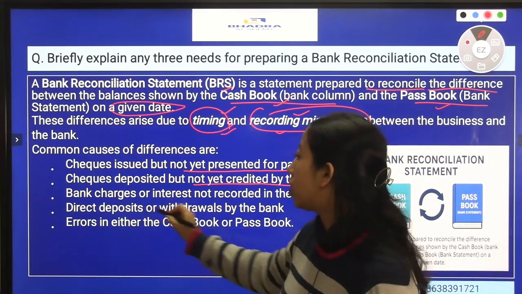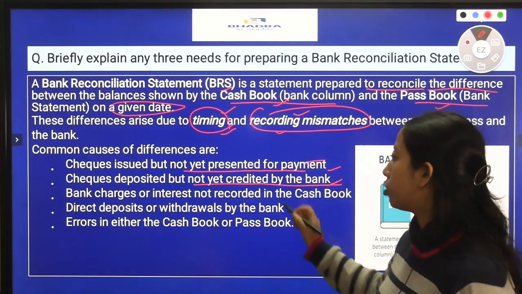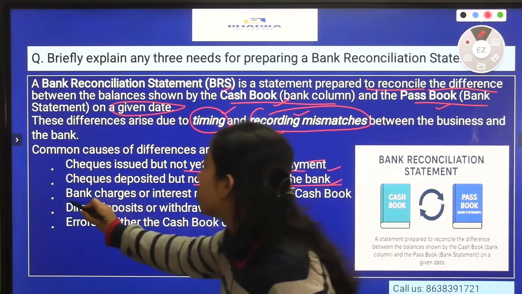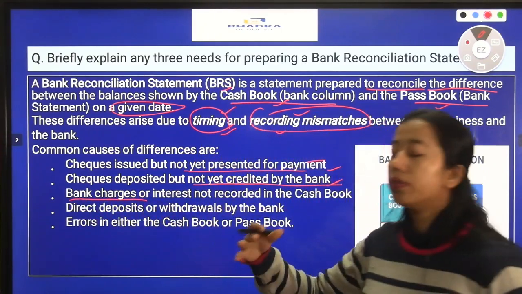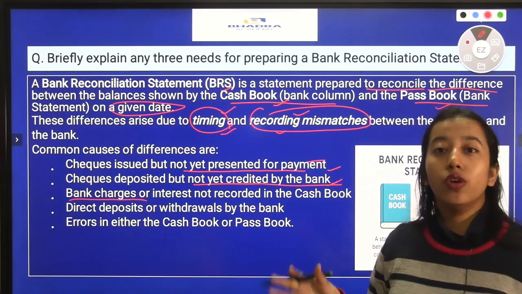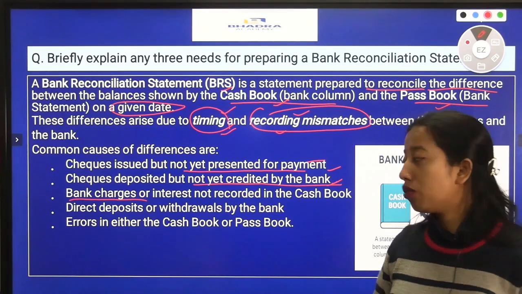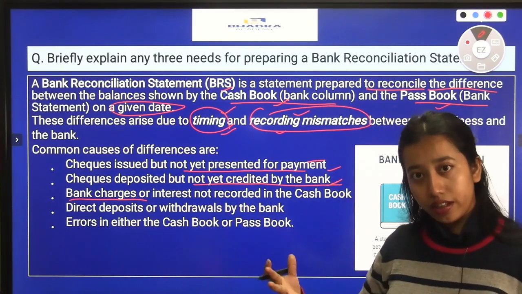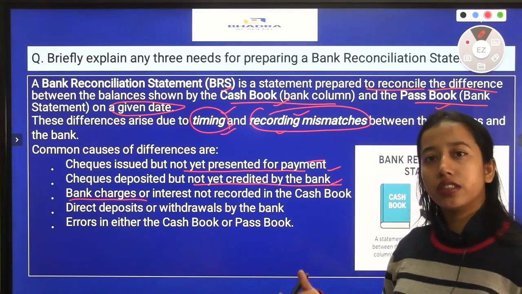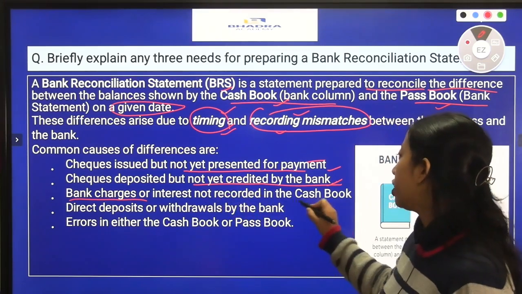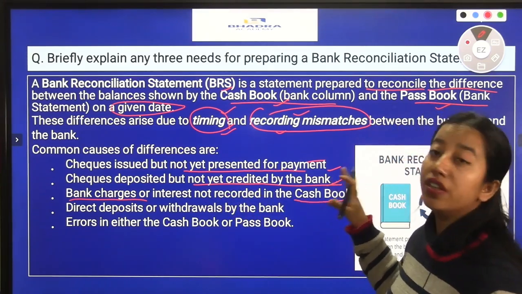Next is bank charges or interest not recorded in the cash book. Because it is charged by the bank, the business might not know the amount of the bank charge or when the bank charges it. Because the bank charges it itself, the business does not have that information and does not record it in the cash book, and that becomes another reason for mismatch.